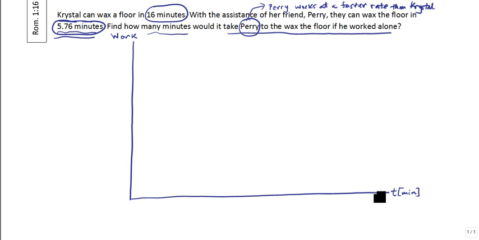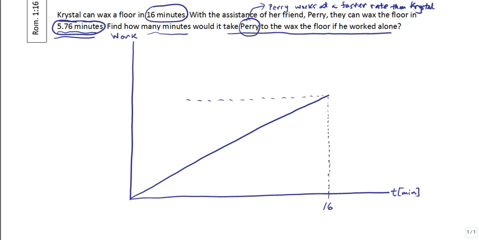I can draw Krystal's graph right away by a straight line. Let's suppose that's Krystal's graph right there. And let's suppose also that this right here is the 16 minutes that it took Krystal to do the job of waxing the floor, which I will just denote as W. I know that the slope on this curve, the rise over the run, is just W over 16.